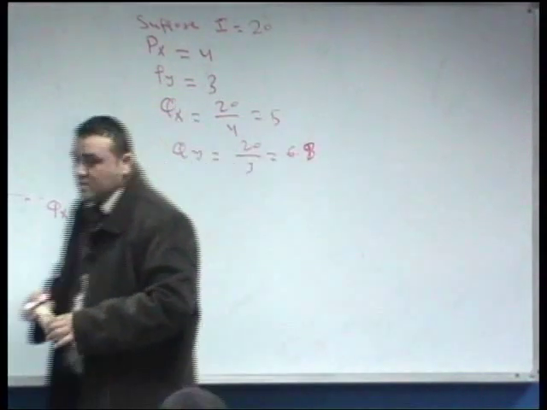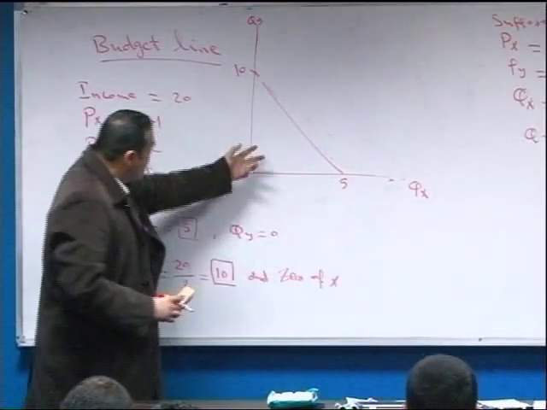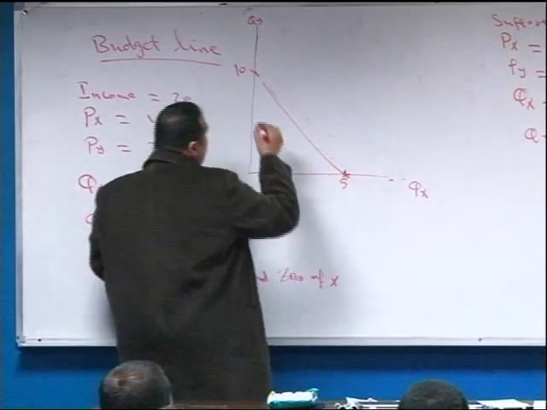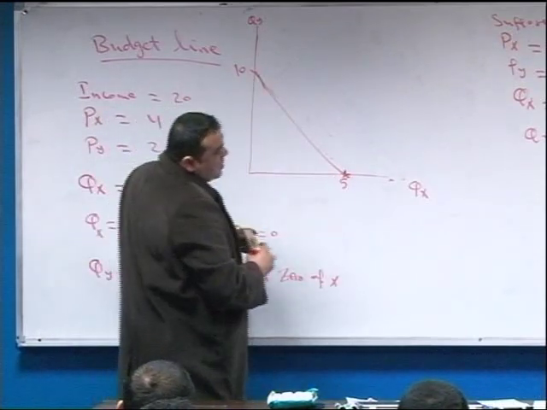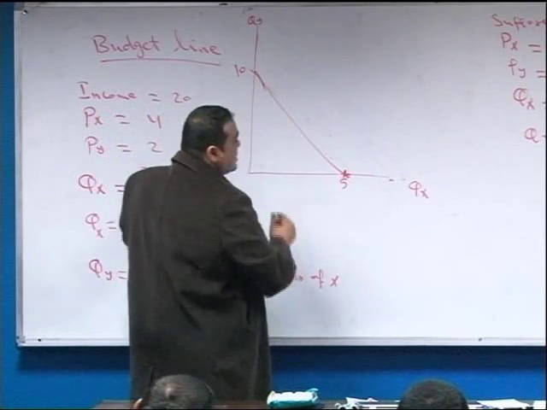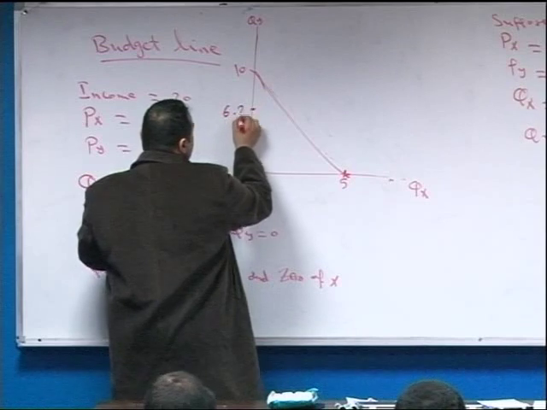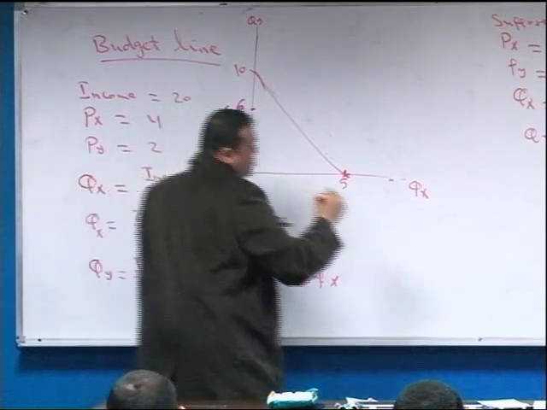Okay, so in this case the quantity of x remains constant and the quantity of y declined to 6.6. Okay.